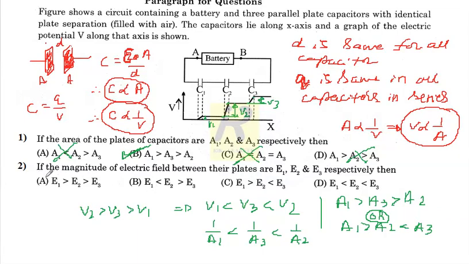Now think about the second question. What did they say in the second question? If the magnitudes of the electric field between the plates are E1, E2 and E3 respectively, then we have to choose the correct option among these four.